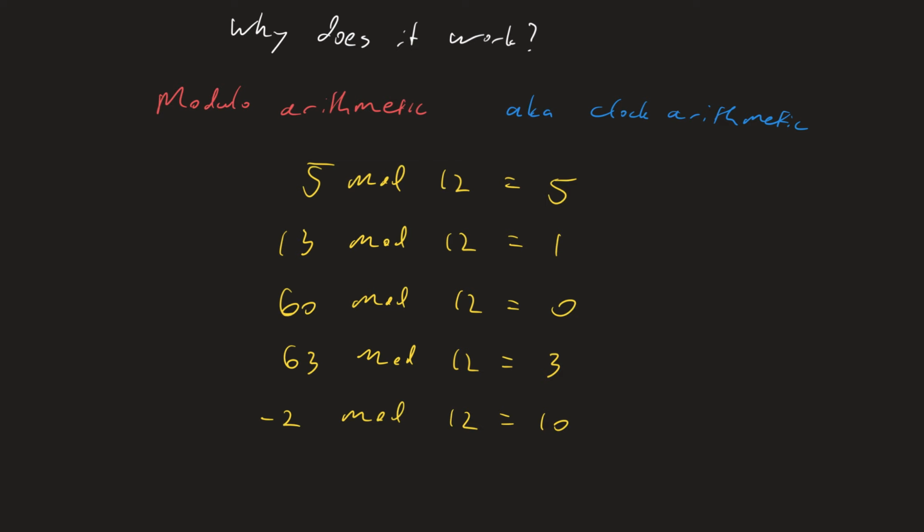So for 13, we just have to subtract 12 once to get 1. For negative 2, we just have to add 12 once to get 10, and so forth. Note that a number is divisible by 12 if and only if that number, modulo 12, is equal to 0.